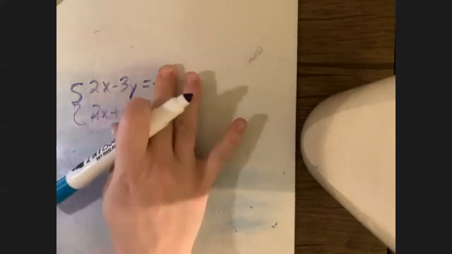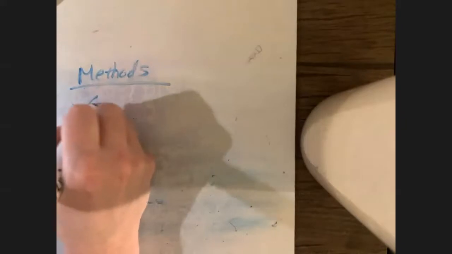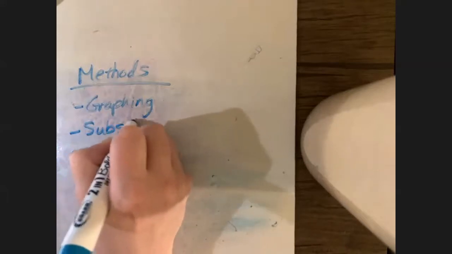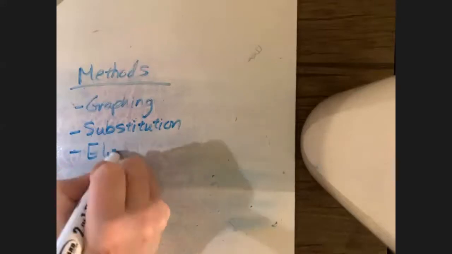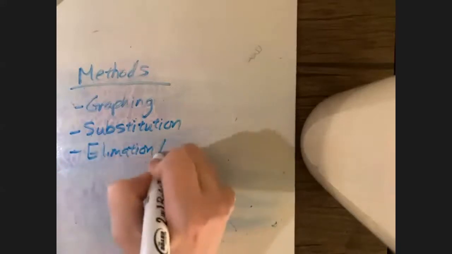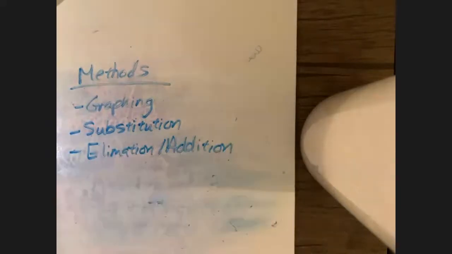So the methods that we're going to look at when all they give me is the equations: we've got 3 methods. As we go through, we're going to do each one individually, and I'm going to talk about when is each one the one I should use.